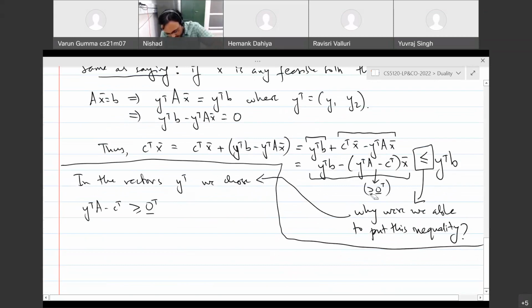What I'm trying to say is that if this is non-negative, then you can get some upper bound. It may not be a good upper bound, but it will be non-trivial. If you're looking for an upper bound of 10, you may get 1,000, I don't know. But to begin with, we did not even know that there was some upper bound. So whenever you have a vector y transpose that satisfies this condition, the corresponding y transpose b will be your upper bound.